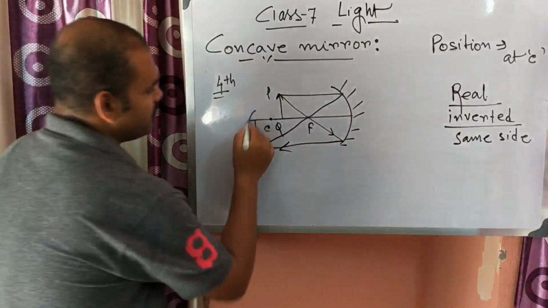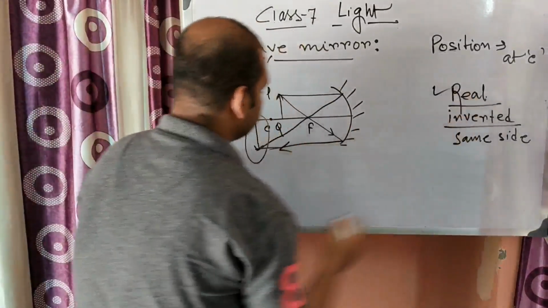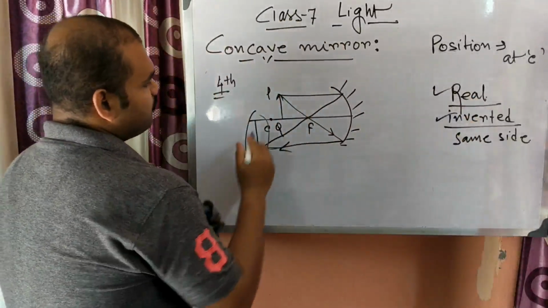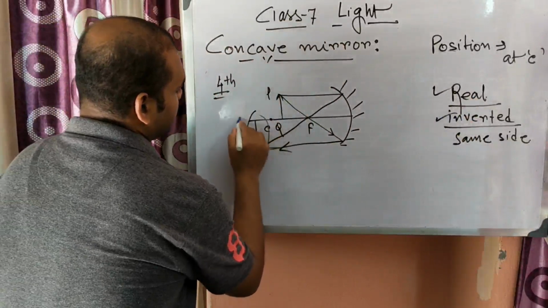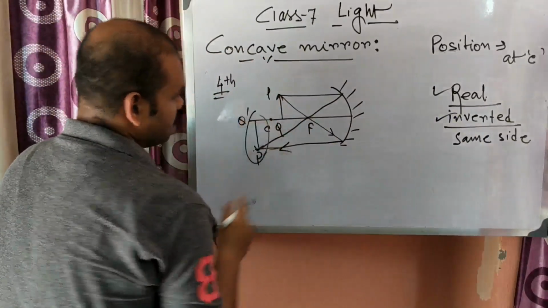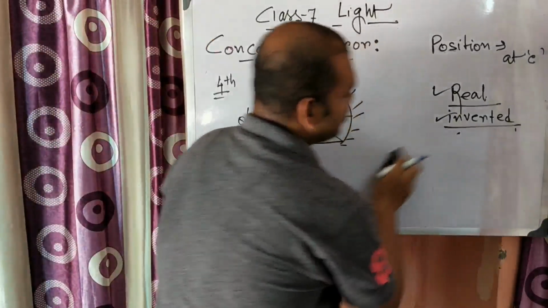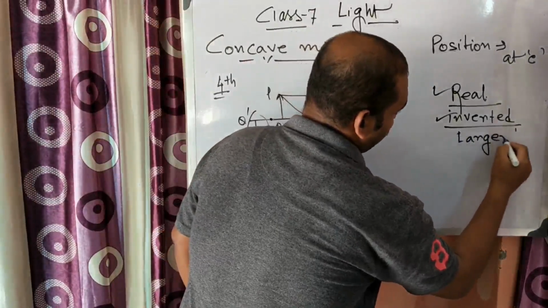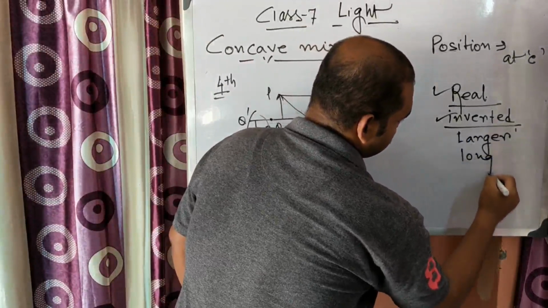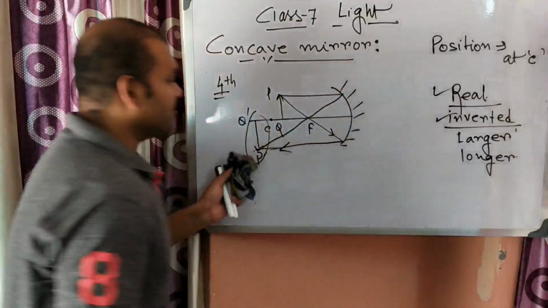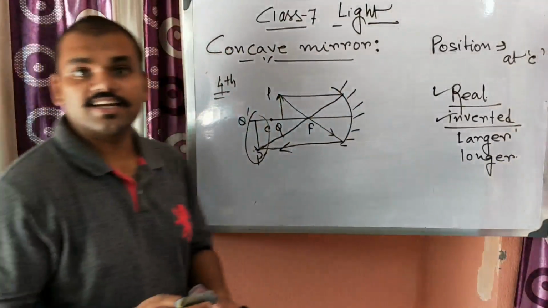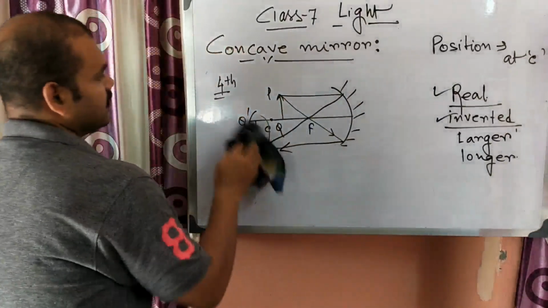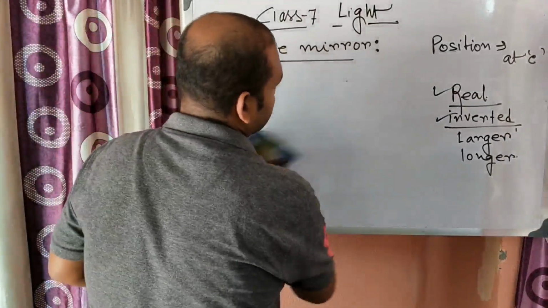So what type of image it is? It is a real image. It is also inverted, but this is now bigger, so this will be Q' and P', the image will be bigger, larger or longer. So we will get a magnified image, okay. So this is the fourth position. Now what is the fifth position?